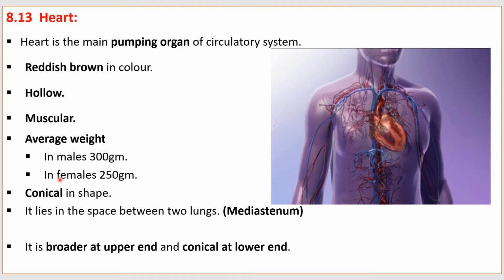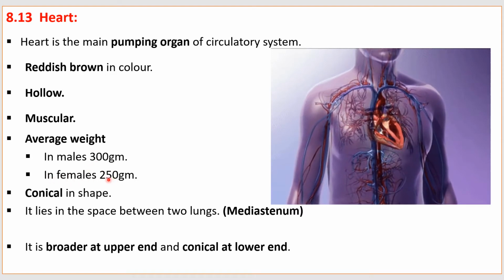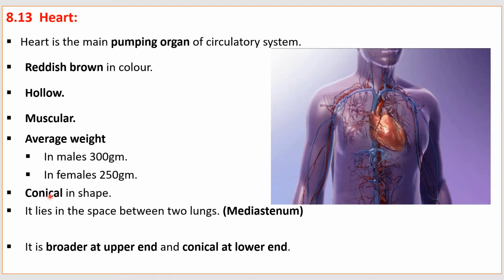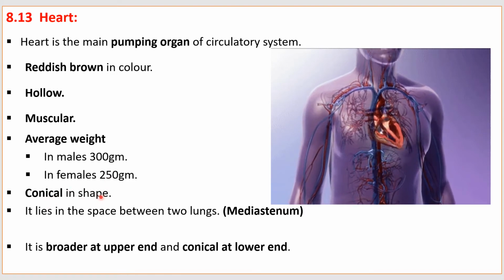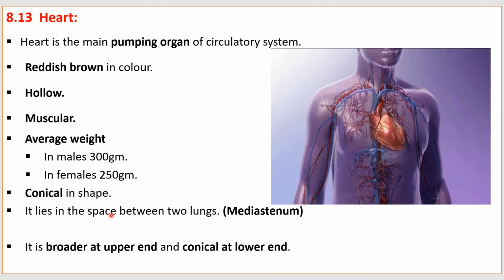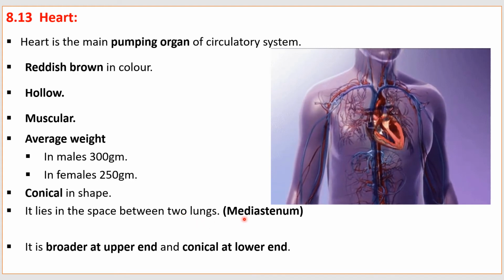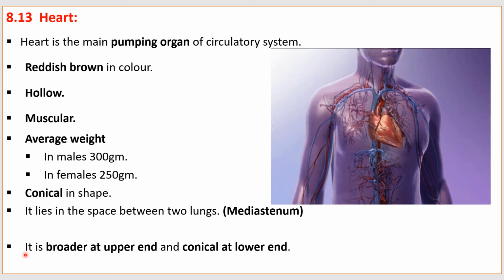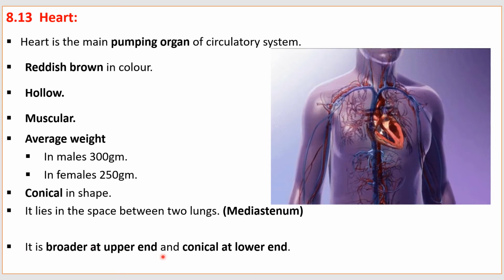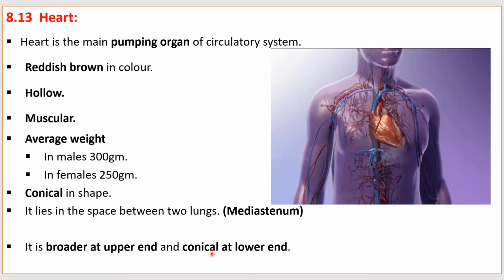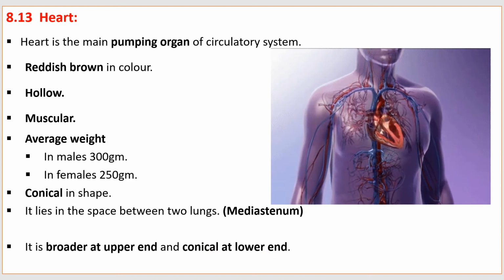In females, it is 250 grams. Heart is mainly conical in shape. It lies in the space between two lungs, that is called mediastinum. It is broader at the upper end and conical at the lower end.